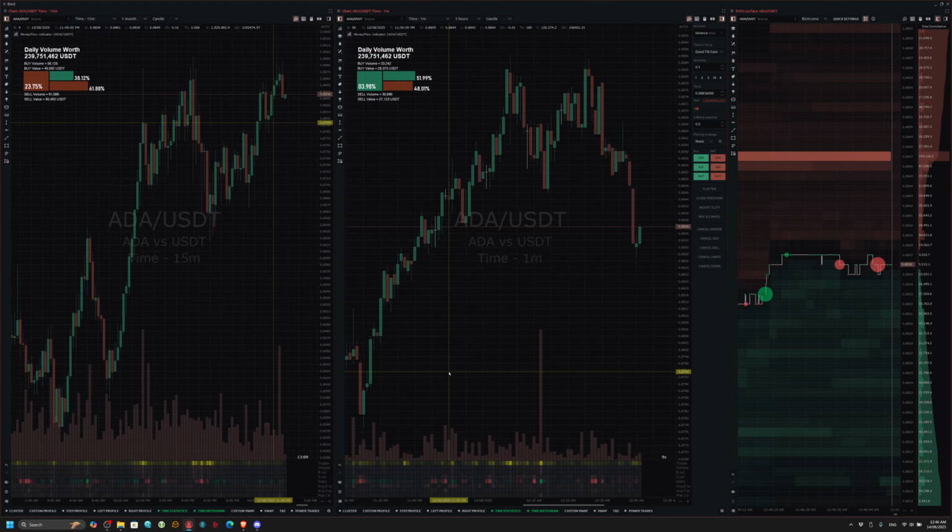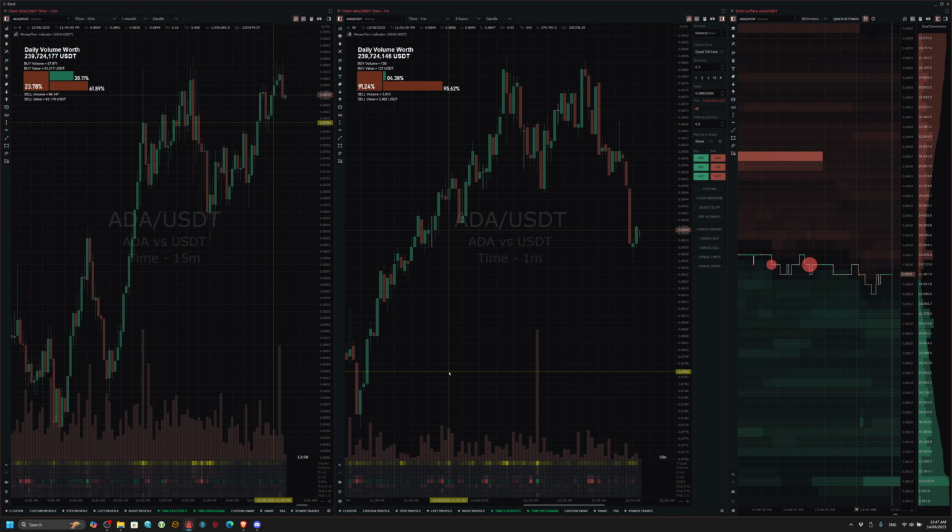It will show you how the market is moving while the candle is being built. This will give you an idea about what's going on in the market instantaneously.